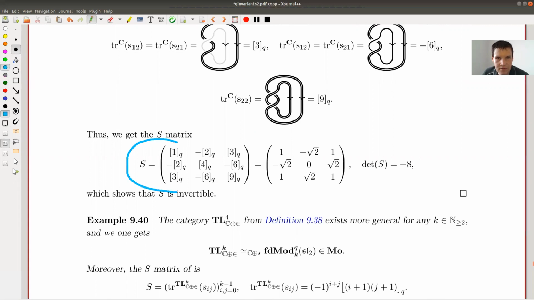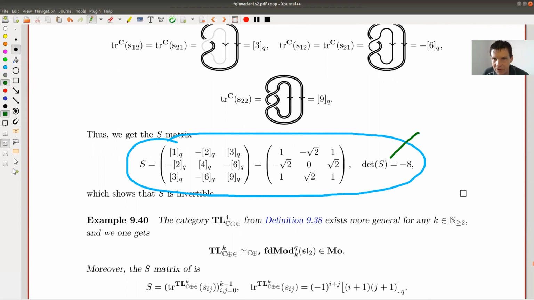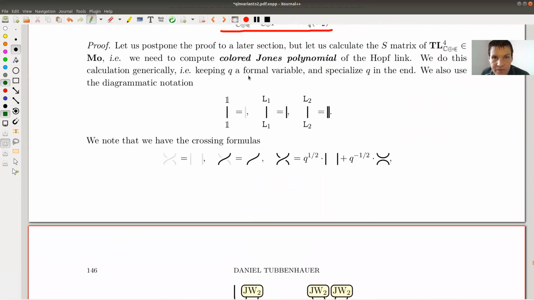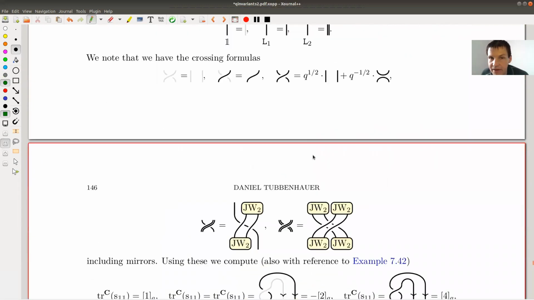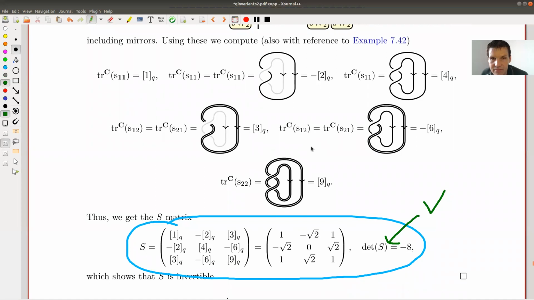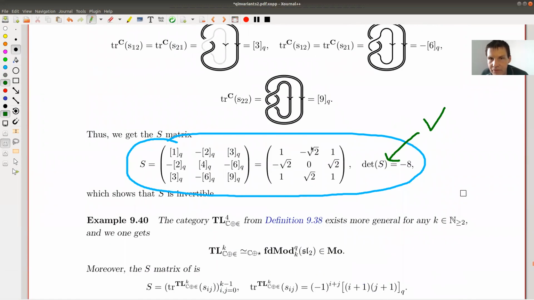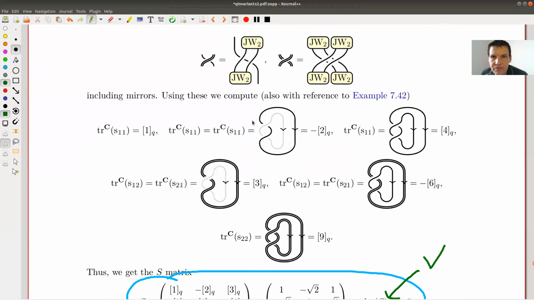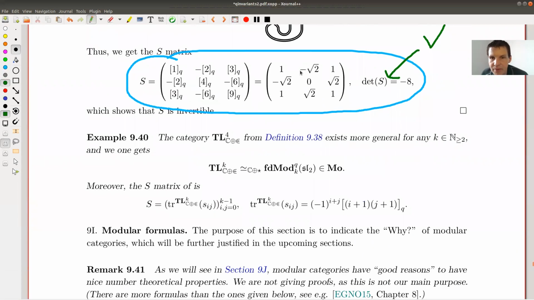Here you go. And you can check that this looks very good, right? Determinant is -8. So the determinant is non-degenerate. Just do the proof. It's really really nice. It's diagrammatic in nature. There's not much you need to know. You need to do all those calculations, whatever. It's not so bad.